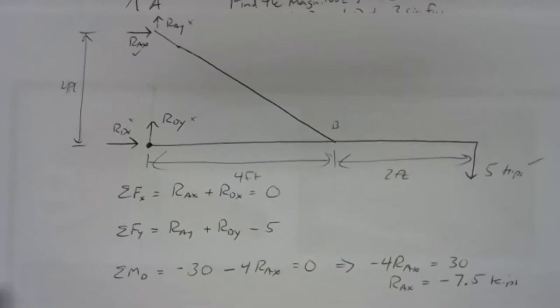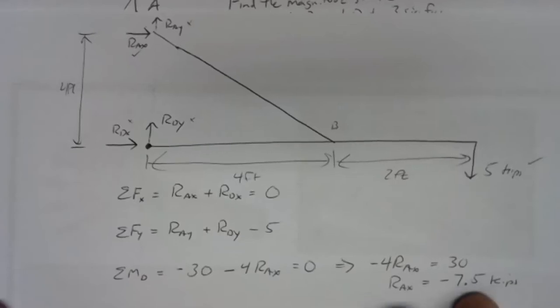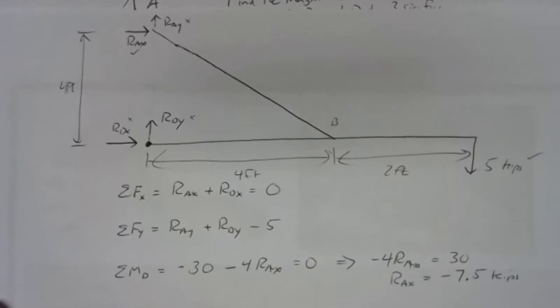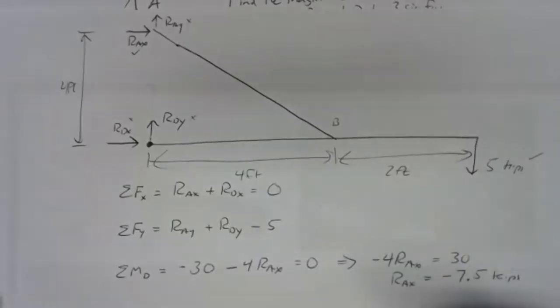So we get a negative, but again, negatives are really tricky in these frame problems. So we've really got to be careful about our assumptions and sticking to them and tracking those negatives through, or we're going to get all confused. So it's good to be able to see the interpretation, but I wouldn't do anything mathematically with that. I'd just leave it as a negative. Well, now that I know what RAX is, I can go to my x direction equation and plug that in.